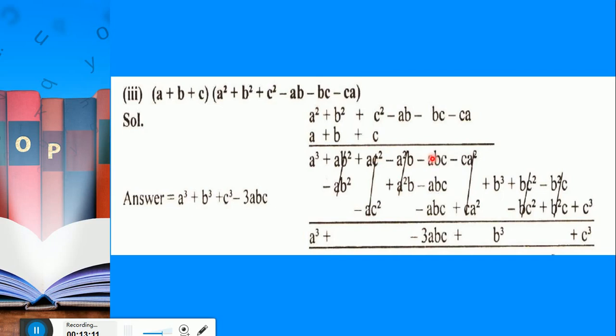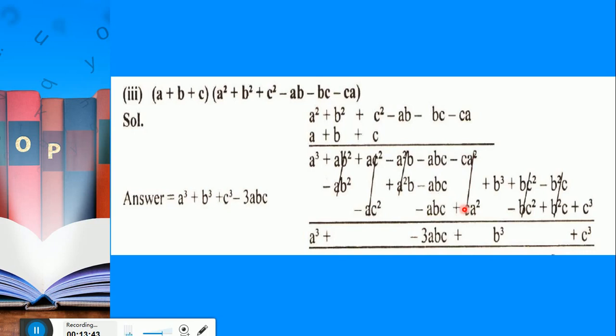Now adding the coefficients of abc. The coefficient of abc is minus 1, there is also minus 1, there is also minus 1. Minus 1 minus 1 is minus 2. Minus 2 and minus 1 is minus 3abc. Now minus ca square and plus ca square cancel with each other because they have opposite signs.